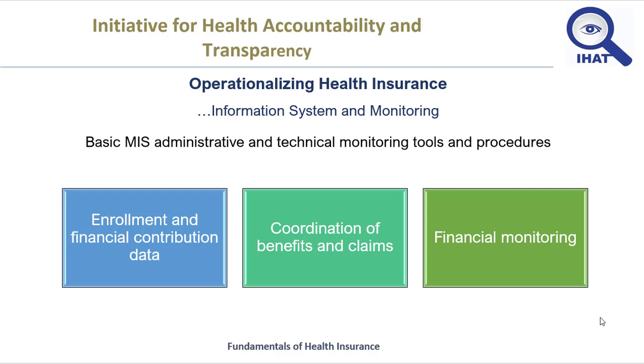For the financial monitoring, generally, health insurance schemes use standard financial management systems and practices such as budgeting, accounting, and payroll systems, cash management, and issuance of auditable financial statements, the income and expenditure statement, and balance sheet.